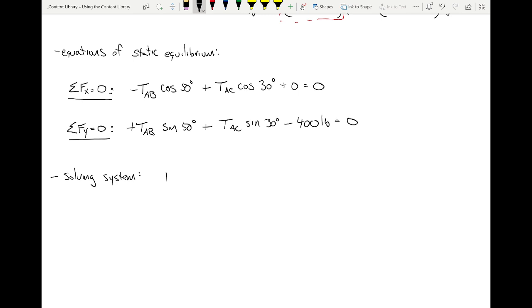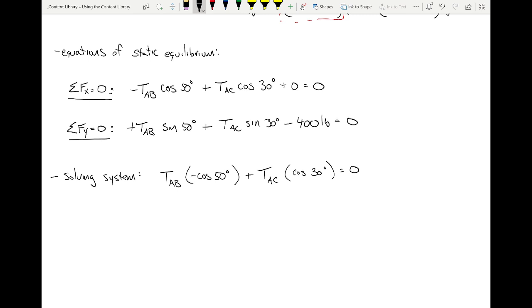So the first equation, I'm going to say TAB times a coefficient, minus cosine 50 degrees, plus TAC times a coefficient, cosine 30 degrees. And then I'm going to take all of the other numerical constants, move them to the other side of the equation. And since there are none, this is 0.